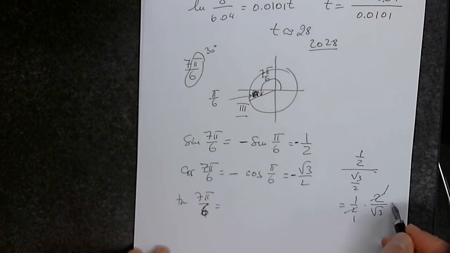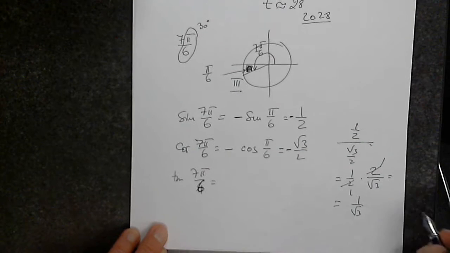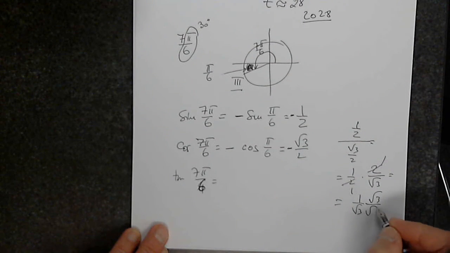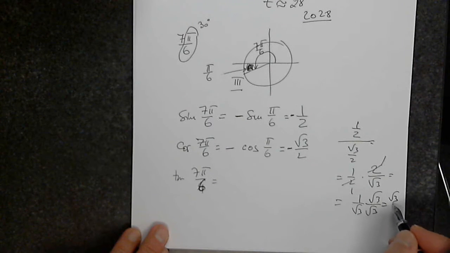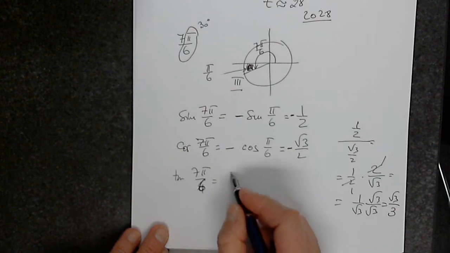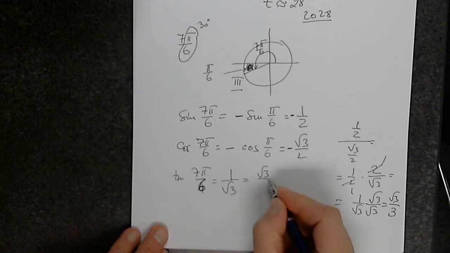This goes away, the 2 goes away. And 1 over the square root of 3, I consider full credit, but remember we have to rationalize and not just multiply the top by the square root of 3, but both. So this should be the square root of 3 over 3. But even if you wrote 1 over the square root of 3, I consider it correct. It is correct. It should have been the square root of 3 over 3.